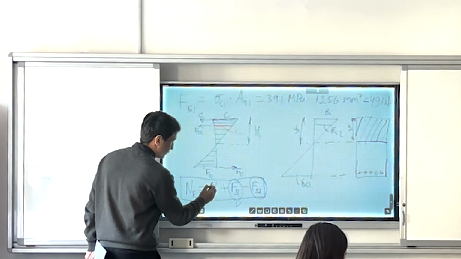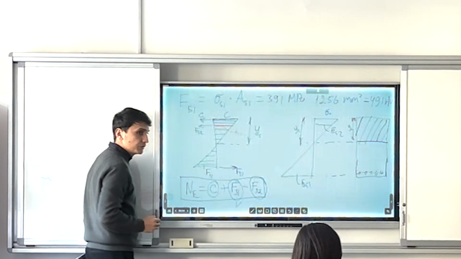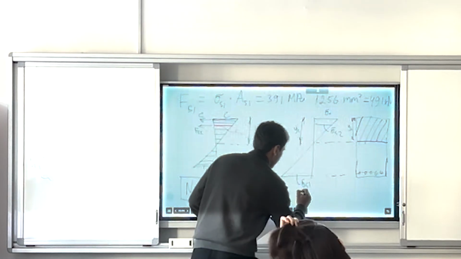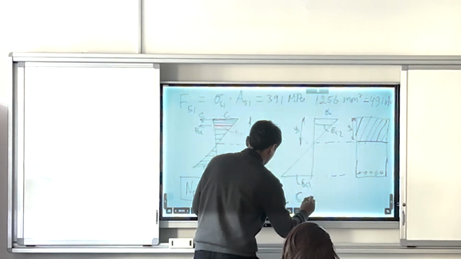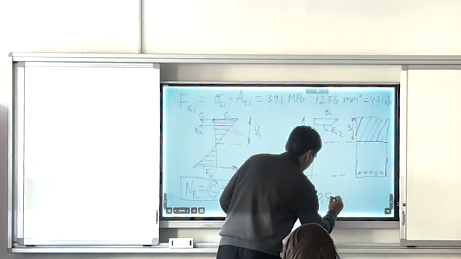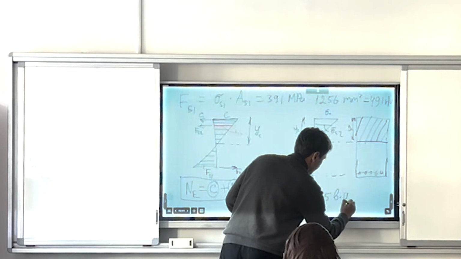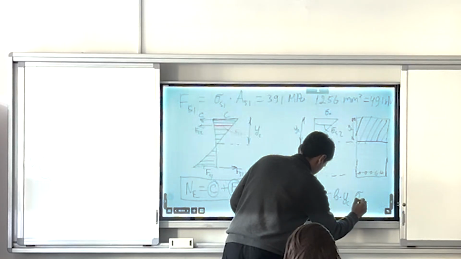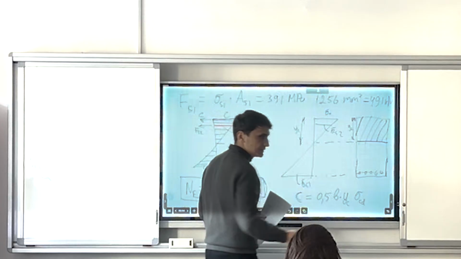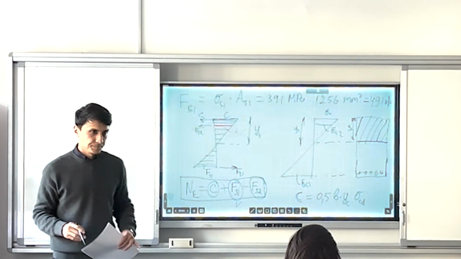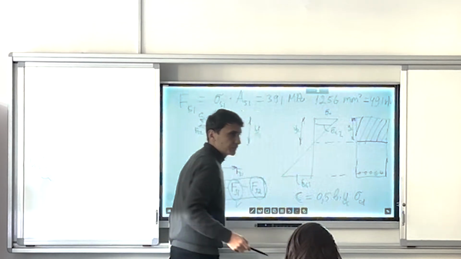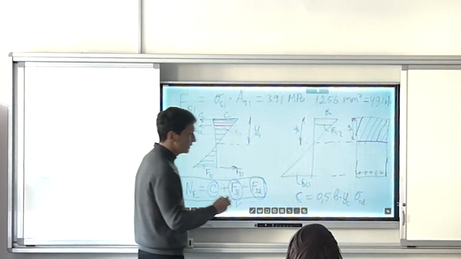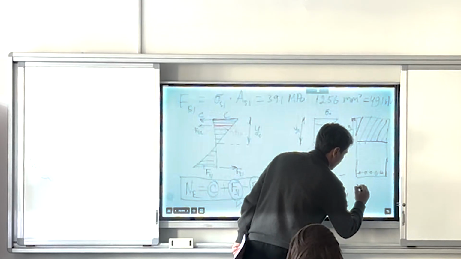Then we have concrete, but we don't know it yet. C is equal to 0.5 B YC sigma CD, or FCD, it doesn't matter. Sigma CD and FCD are the same. This is the design compressive strength of concrete.